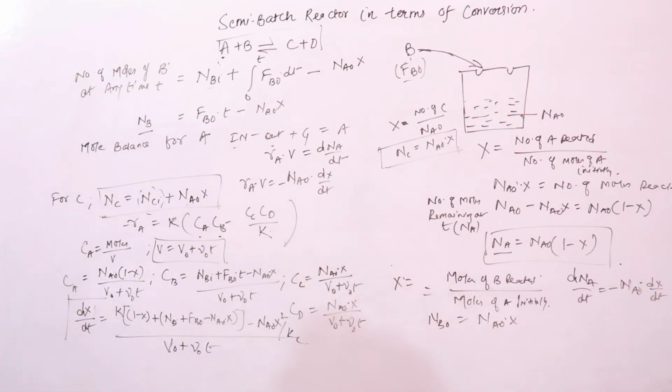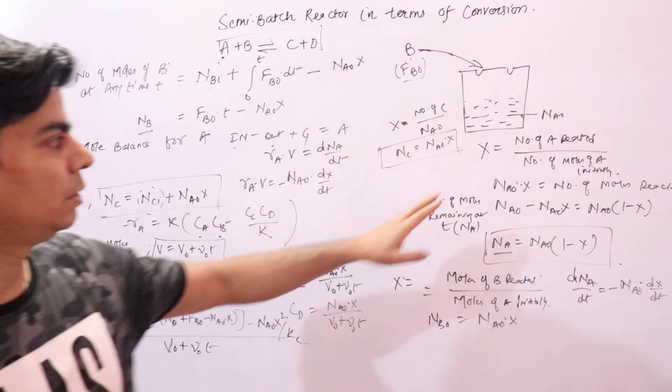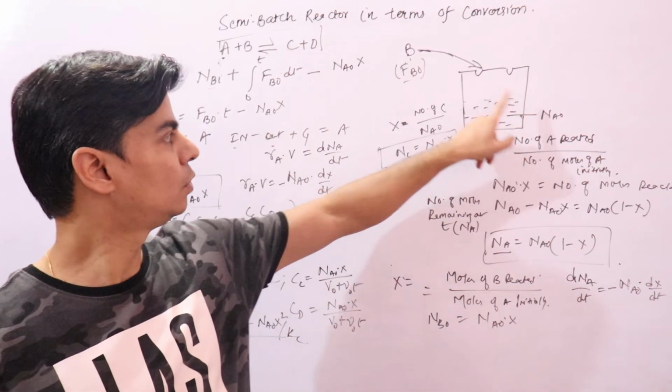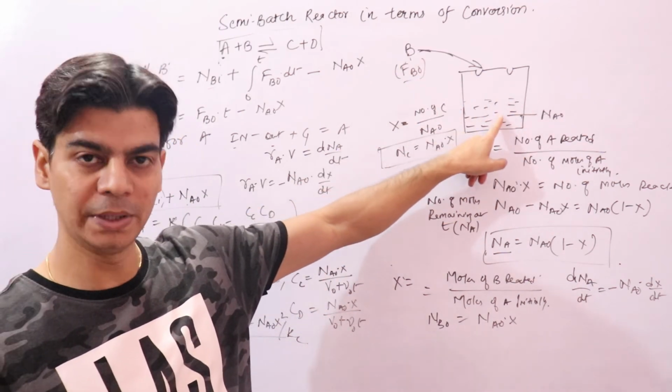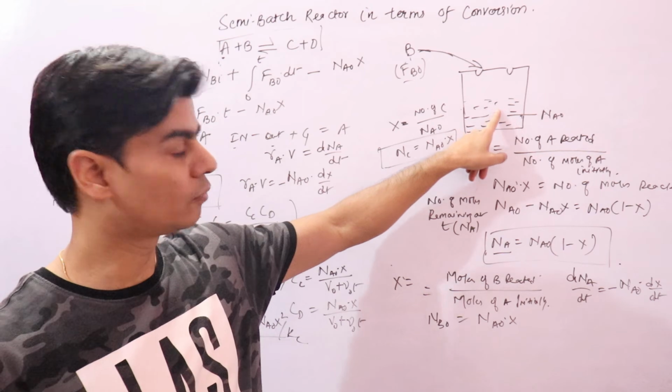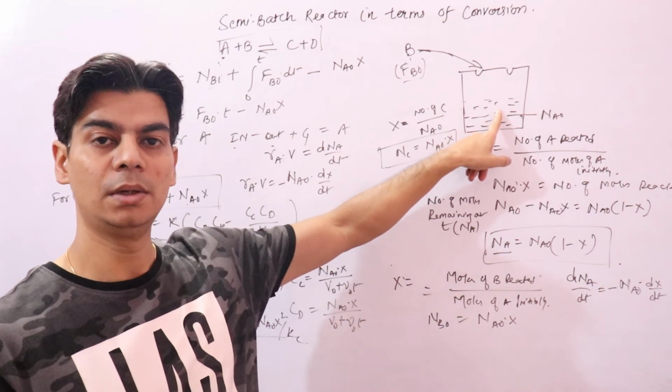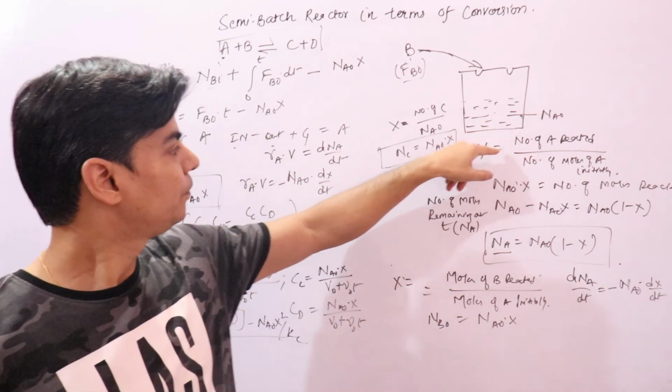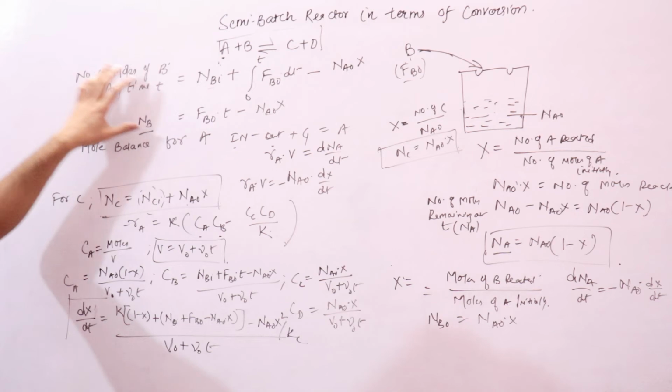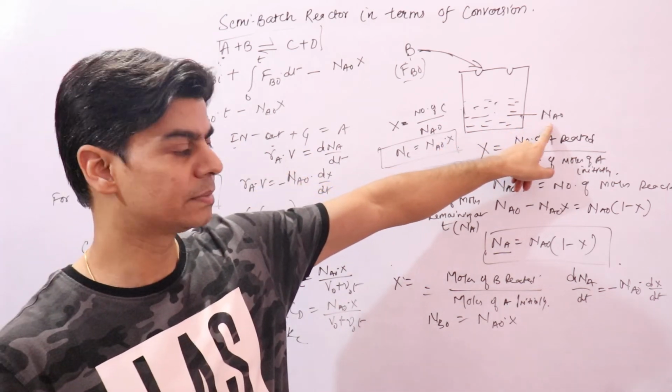This is simple. Let's just do it one more time. Initially the number of moles is Na0, and you are adding moles of B. Since you are adding B, remember the volume will change. So the number of moles of A initially is this much.